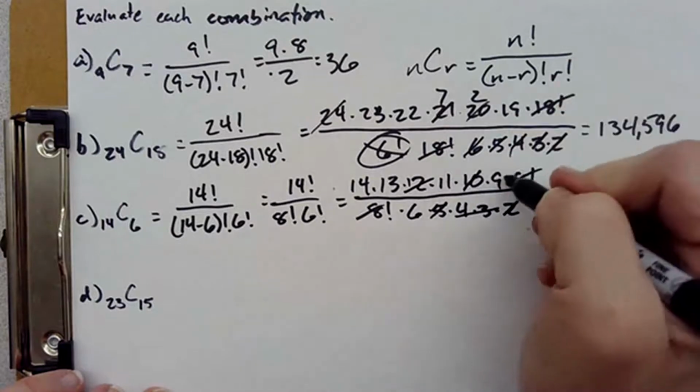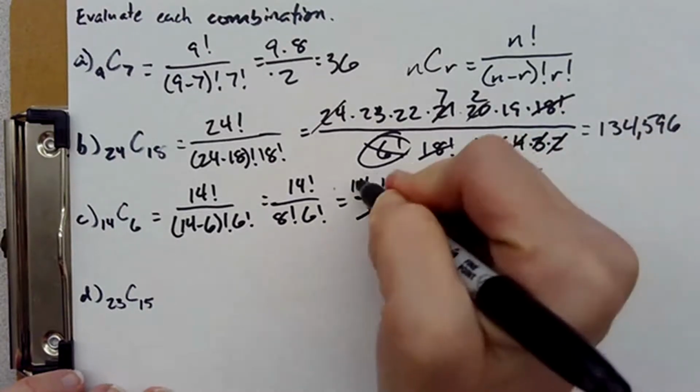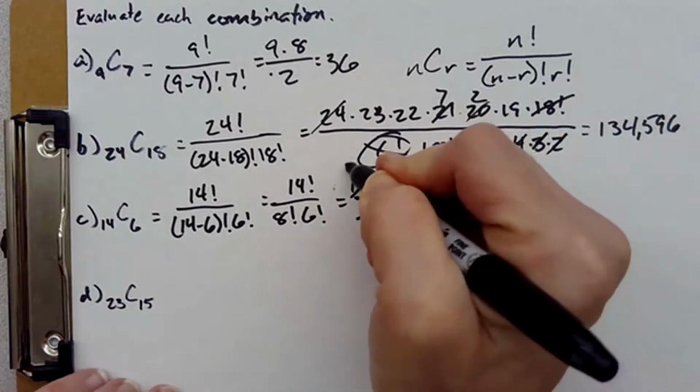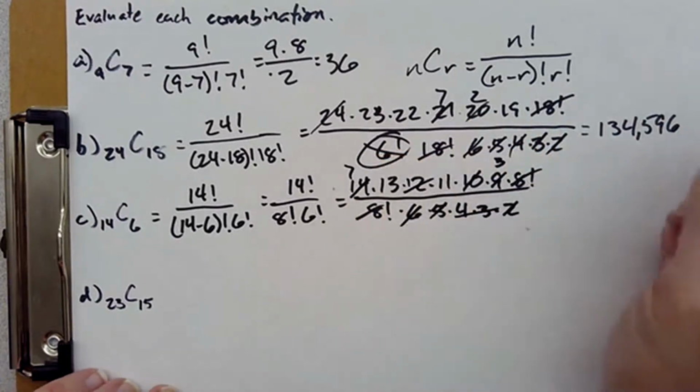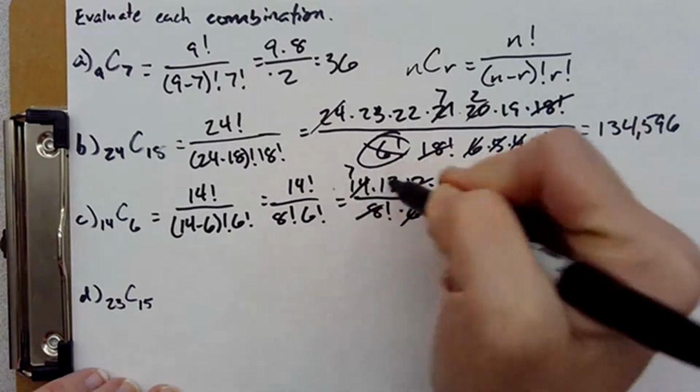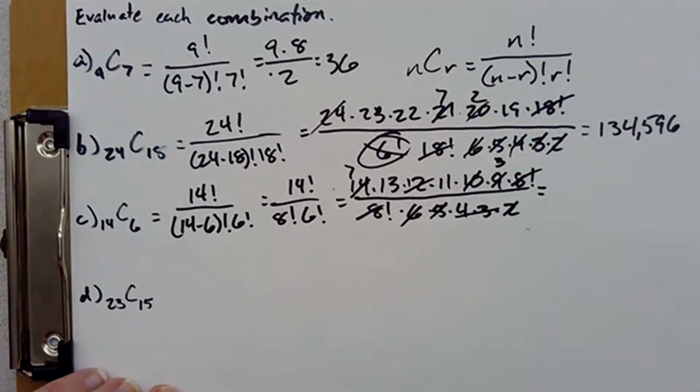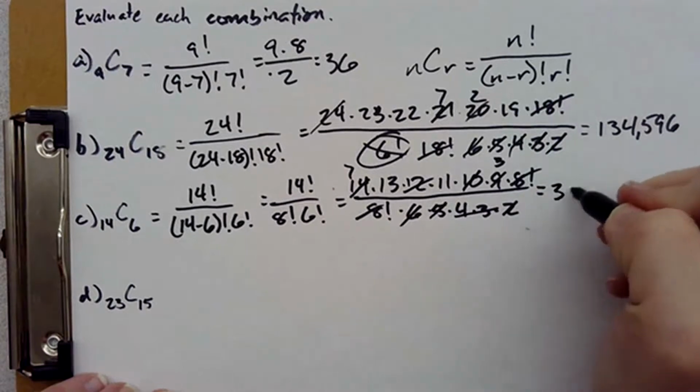And then we can take a 3 from 9 and a 2 from 14 to get that 6. And now we've got 7 times 13 times 11 times 3 is 3003.